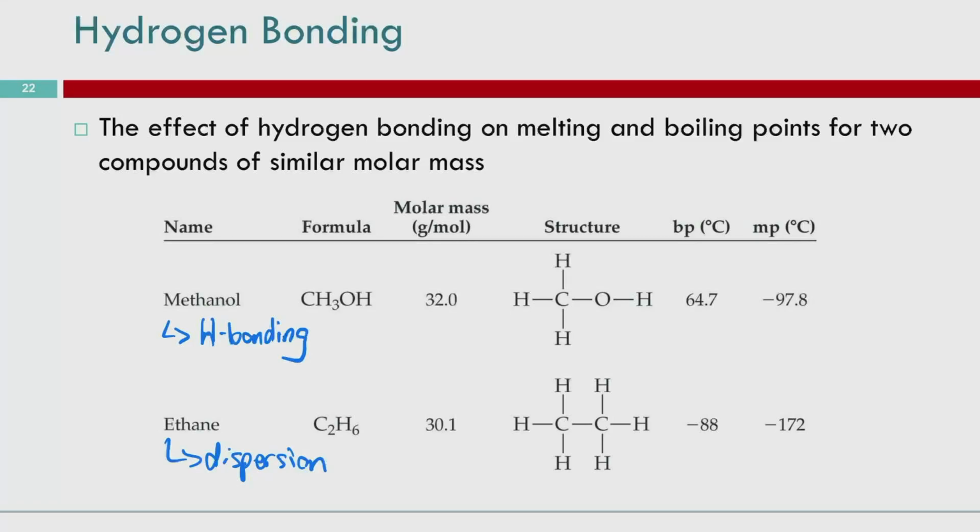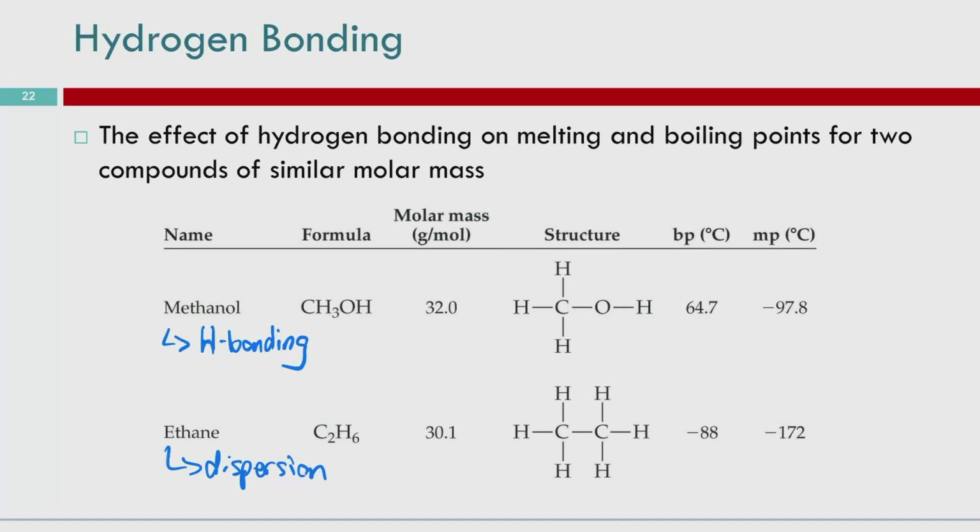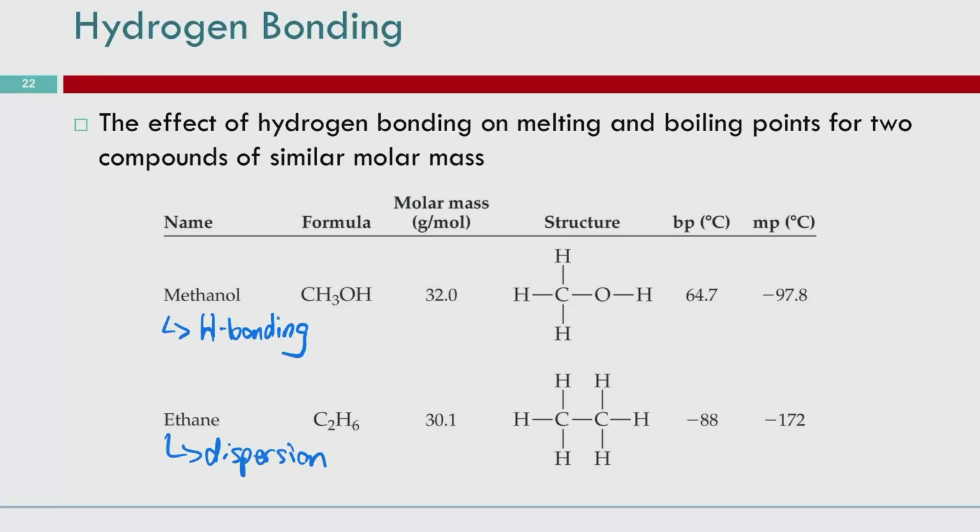So we saw earlier, I think it was about -20 for formaldehyde for our boiling point. Now we've got a boiling point of 65 degrees Celsius. So we've got a difference of like 170. If I'm doing my math correctly, that's like 175 degrees Celsius.